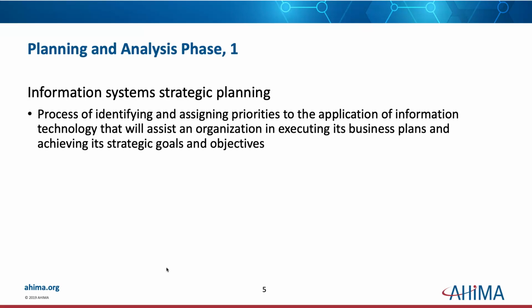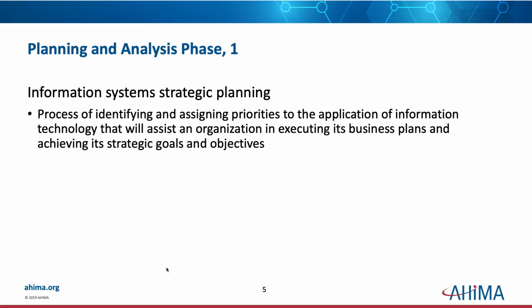What is strategic planning as it relates to information systems? It is the process of identifying and assigning priorities to the application of information technology that will assist an organization in executing its business plans and achieving its strategic goals and objectives. Okay, so strategic planning, every organization does this.